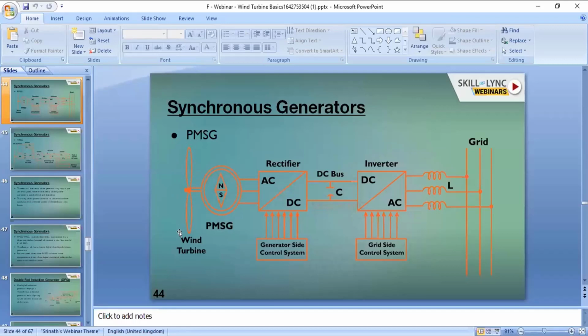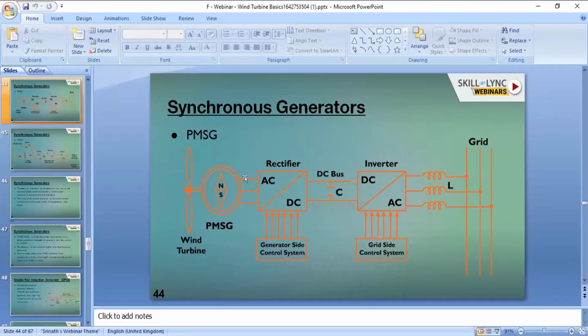Whatever is the low RPM of the rotor, which is in the range of maybe say 10 to 15 RPM, is directly coupled to this synchronous generator, and then the output of the generator has coils on the stator winding.